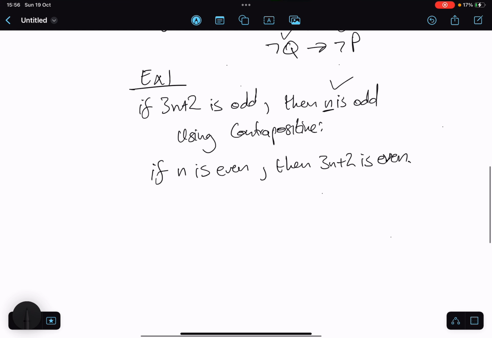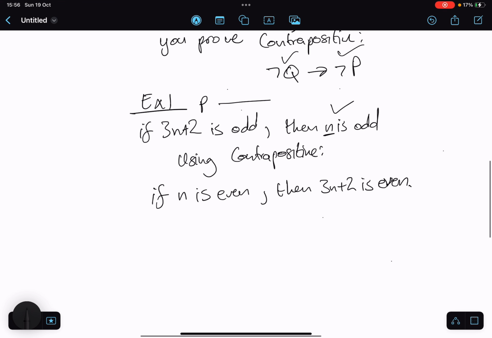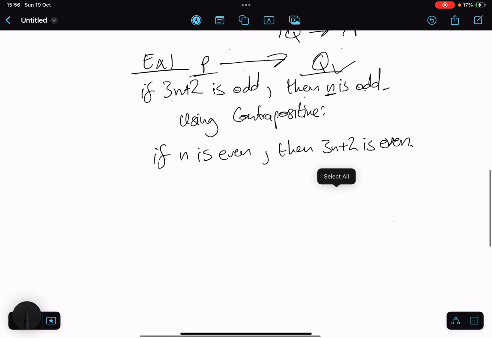Do you see what happens here? Here we had P implies Q, right? We're saying 3n plus 2 is odd, that's P. Then n is odd, this is Q. But now if we are taking the contrapositive, this is the same thing as saying the negation of Q implies the negation of P. Because the negation of Q here is what?